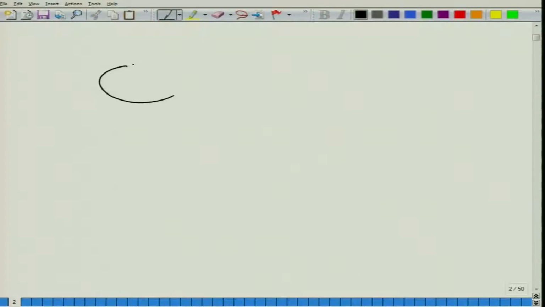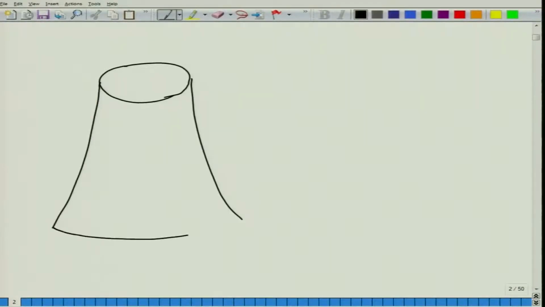So, in the case of a paraboloid, now if this portion has a cross sectional area of S1 and this portion has a cross sectional area of S2, then the volume of the frustum of the solid can be taken as the average of both these areas.